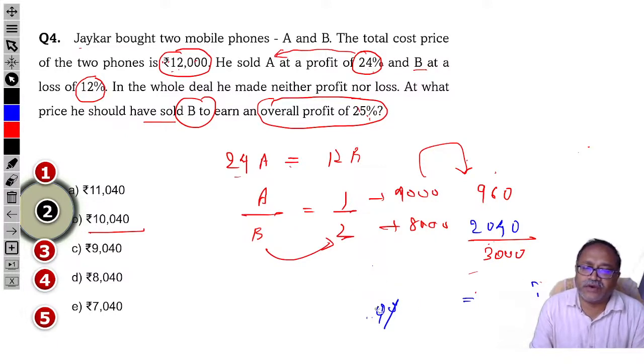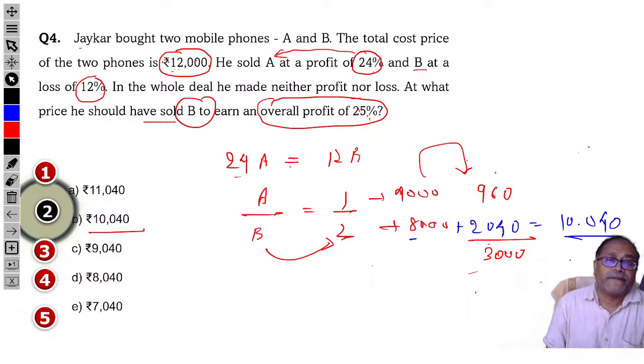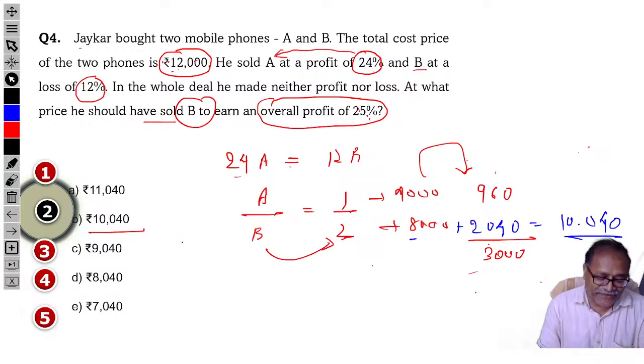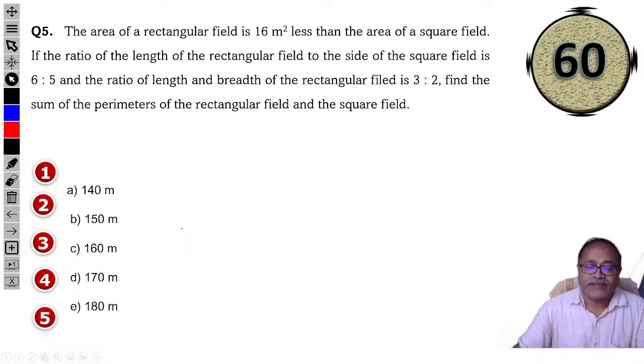I am again working on the profit percentage. So simply selling price, which is 8,000 plus 2,040, that should be 10,040. Okay. Well done. Option 2. Next, moving to the next question, which is here. Come on, my friends.